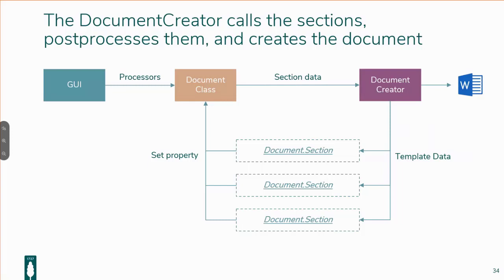And finally, what's left is the document creator, which is the superclass of the document classes themselves. And I refer to this class as the brains of the actual document generator, because once the data has been passed on to the document creator, it will make sure that each of the sections are assigned the correct templates. It will make sure that the document filler is called, and if all these documents are filled, then it will make sure that some post-processing happens to them.